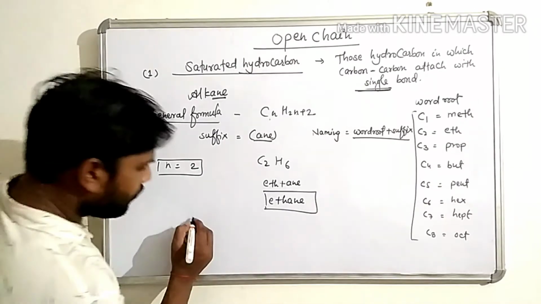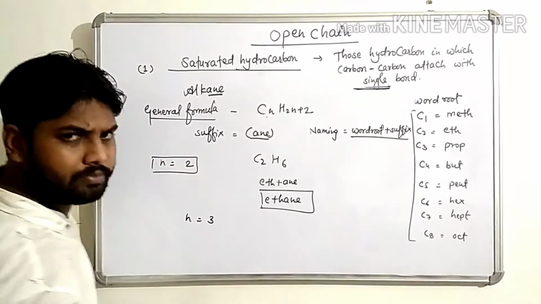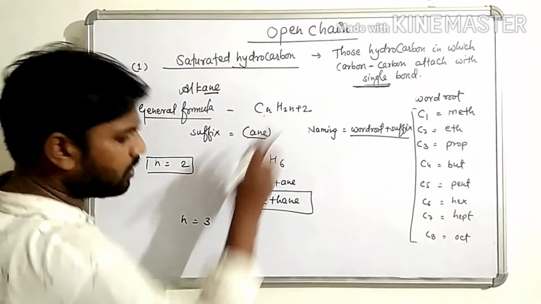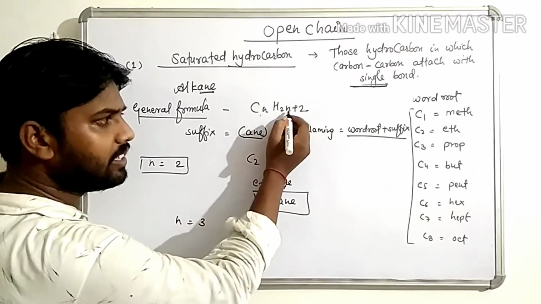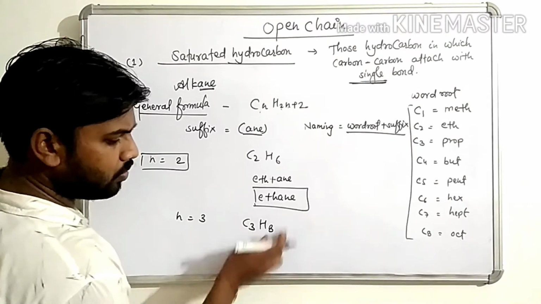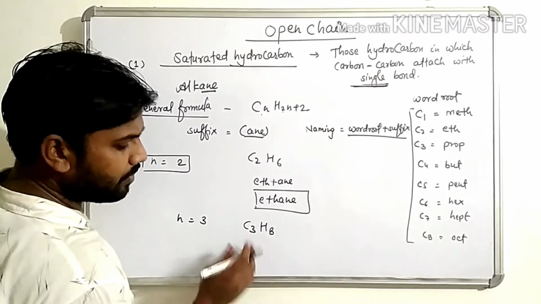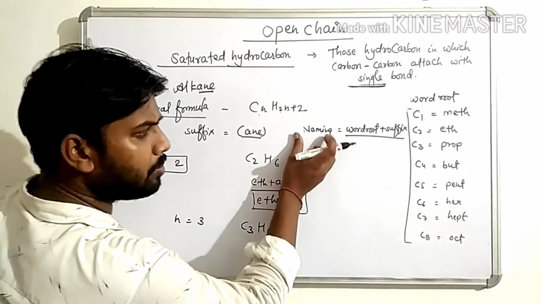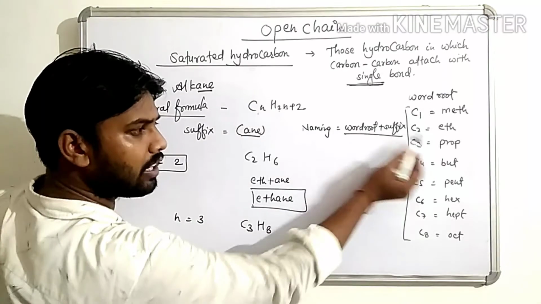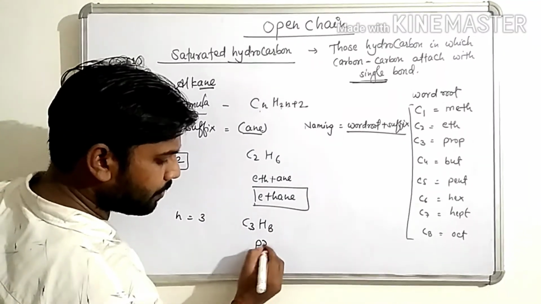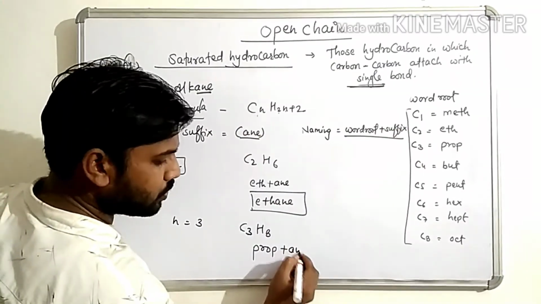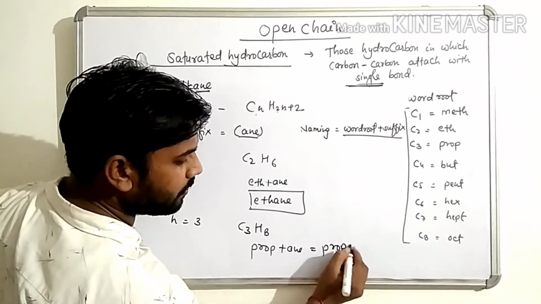When n is equal to 3, put n equal to 3 in this formula. You will get C3H8: 3 times 2 is 6, plus 2 is 8. Now the name of this compound: carbon 3 is prop, plus suffix ane, so it will be propane.